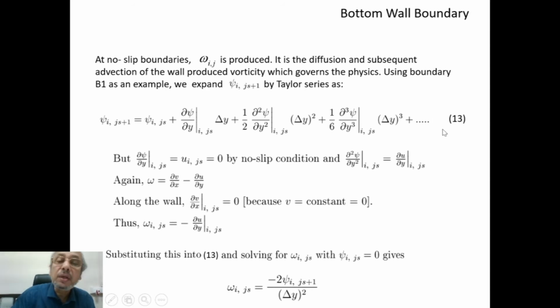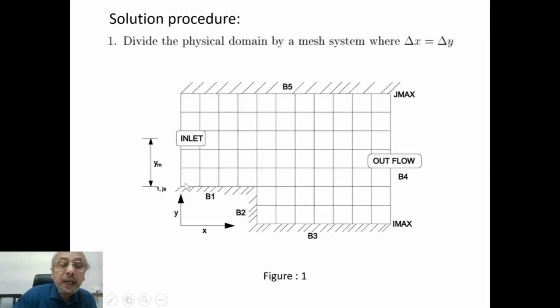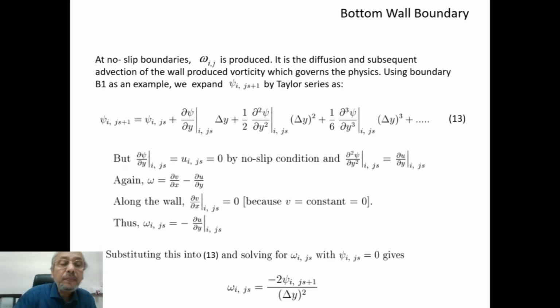We are not writing all of equation 30. Now, what is del psi del y at ijs? On this surface, psi is 0, as we have already said. So del psi del y at ijs equals u at ijs, which is 0 by the no slip boundary condition. And we also know that u equals del psi del y.